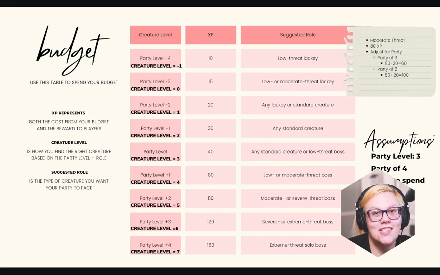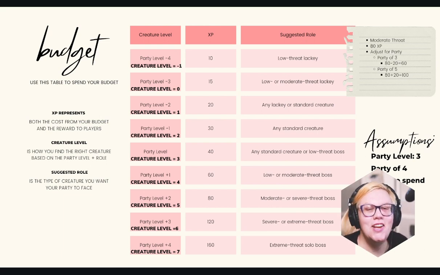And I think that's genius, because I could actually sit down and make a ton of encounters in an hour and then just slot them in as needed. It's not going to be nearly as much prep work. It's not going to be like, oh gosh, I got to come up with another encounter and that's going to take me hours. It's like, no, I know what the budget is.